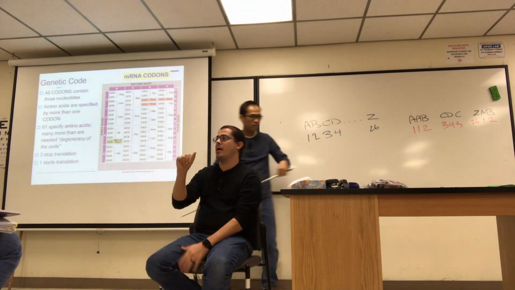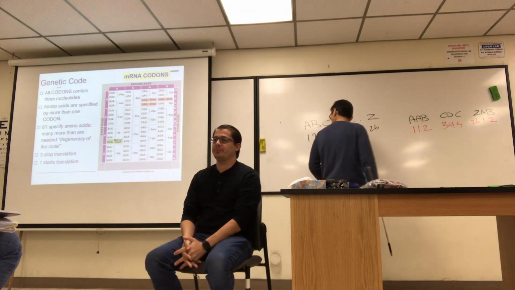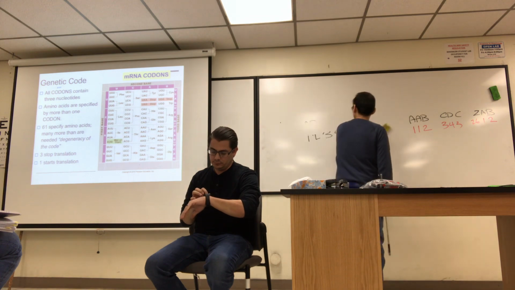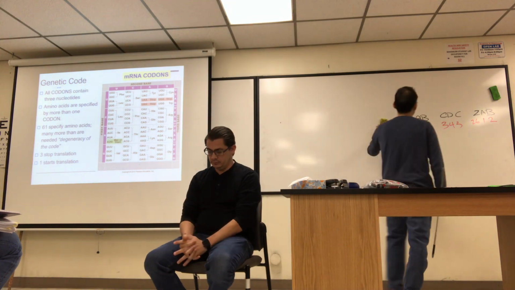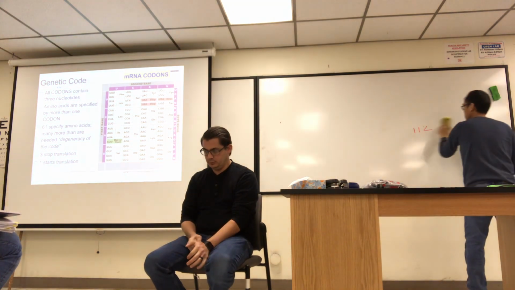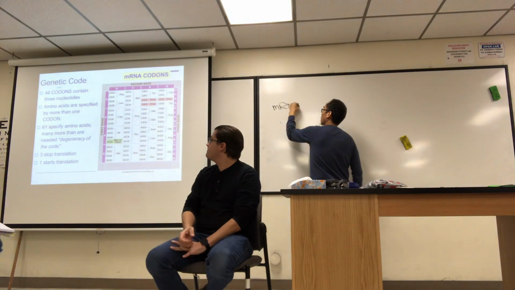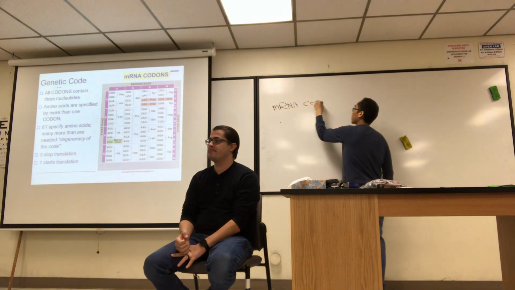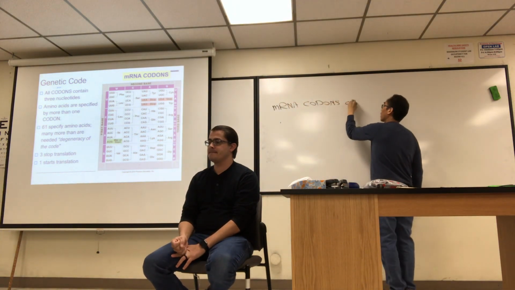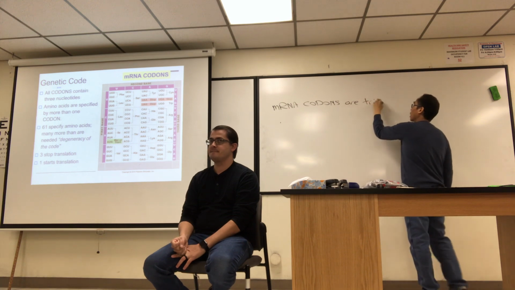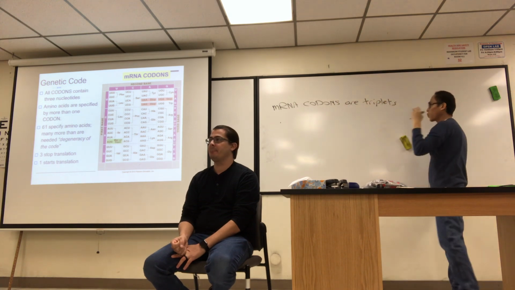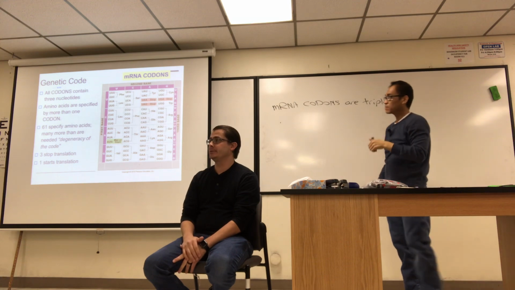So for example, notice that the code we use is for mRNA codons. That's the first term to get. They're triplets. There are 3 nucleotides.